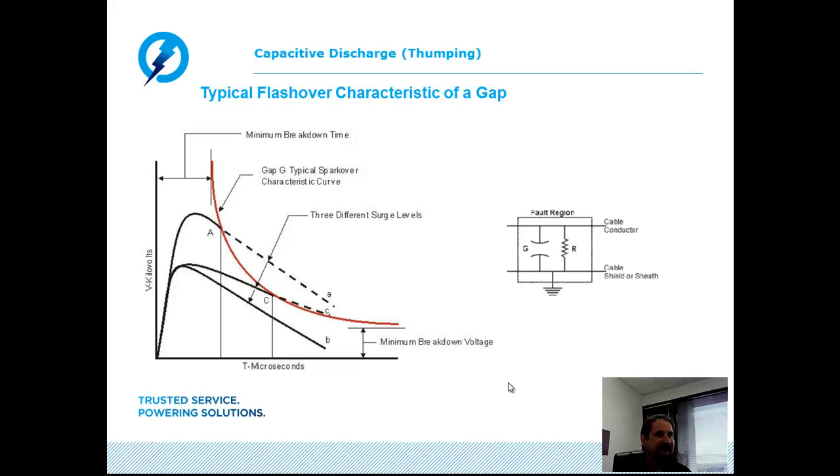So a small portable thumper, although very convenient, on some cable jobs is not effective. It's just not a big enough hammer. Even though it has good output voltage capability, with the low capacitance we cannot get enough energy to overcome the loading effects of the cable or the contamination properties of the fault, and to drive enough current through to get a good successful breakdown.